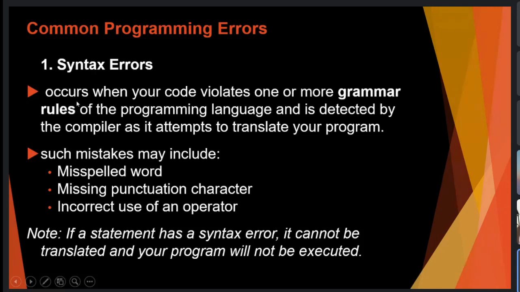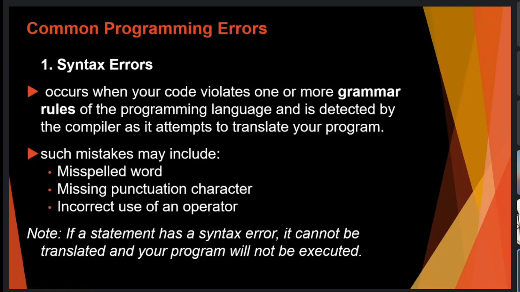As stated, this will occur when your code violates one or more grammar rules of the programming language and is detected by the compiler as it attempts to translate your program into machine language. One example of mistakes would include misspelled words, missing punctuation characters, and incorrect use of operators. So that could generate a syntax error.